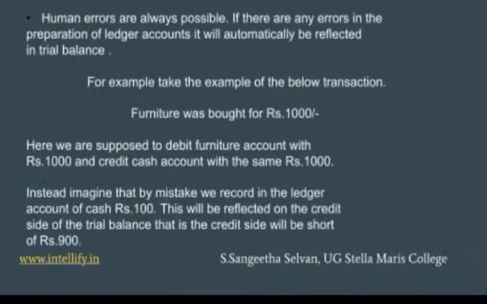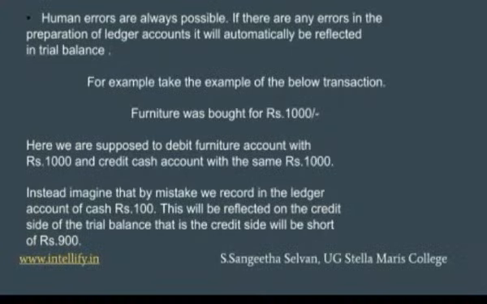The second reason is that there is always a possibility of errors, because you can't say that all the transactions which are recorded in the journal and the ledger are always correct. Let us take the example of the below transaction. Furniture was bought for ₹1,000.